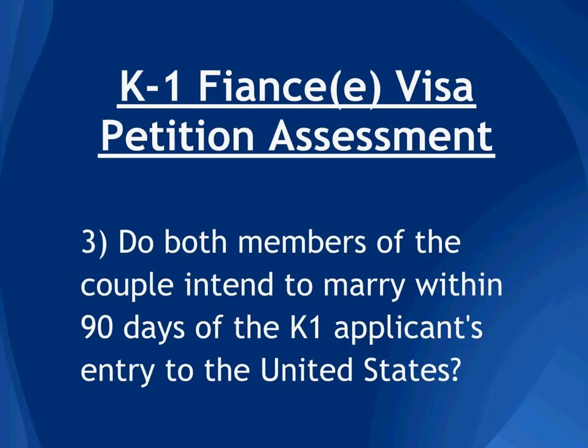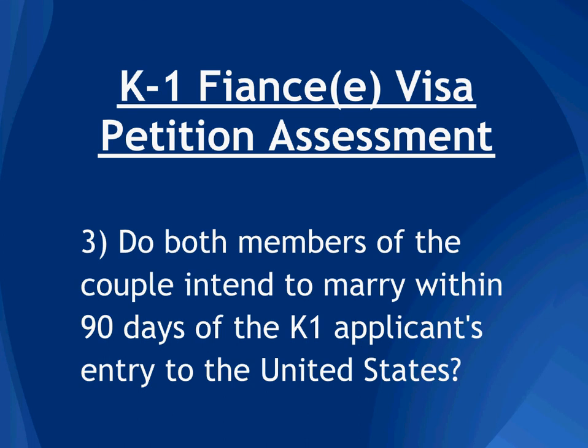Question number 3. Do you intend to marry within 90 days of the K-1 applicant's entry to the United States? Intent to marry within 90 days is required, but once the fiancé enters, failure to get married within 90 days does not eliminate the opportunity to later get married and file for adjustment of status.